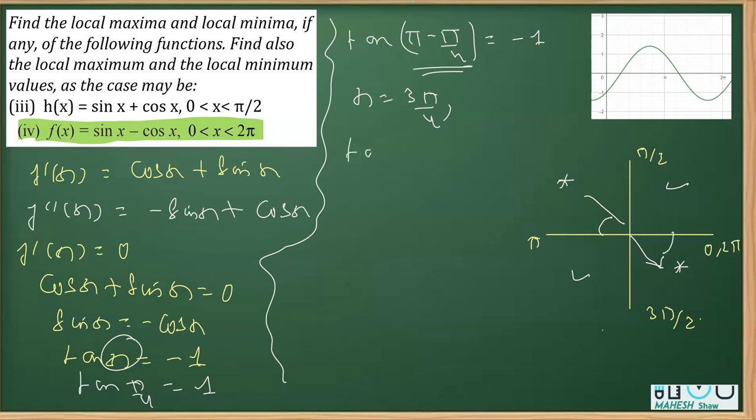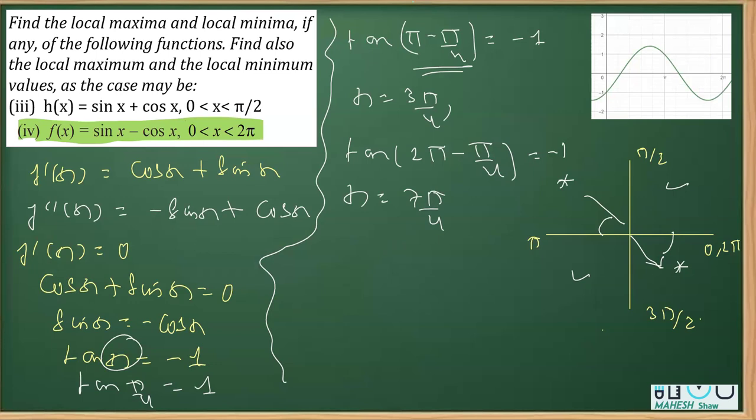So tan of 2 pi minus pi by 4 is equal to minus 1. Comparing again, x here is 8 pi minus pi, that is 7 pi by 4.